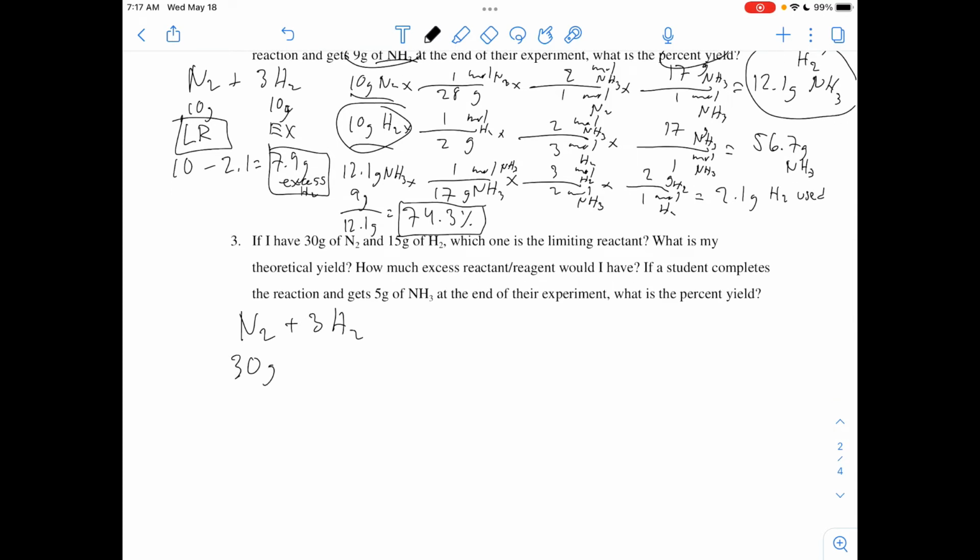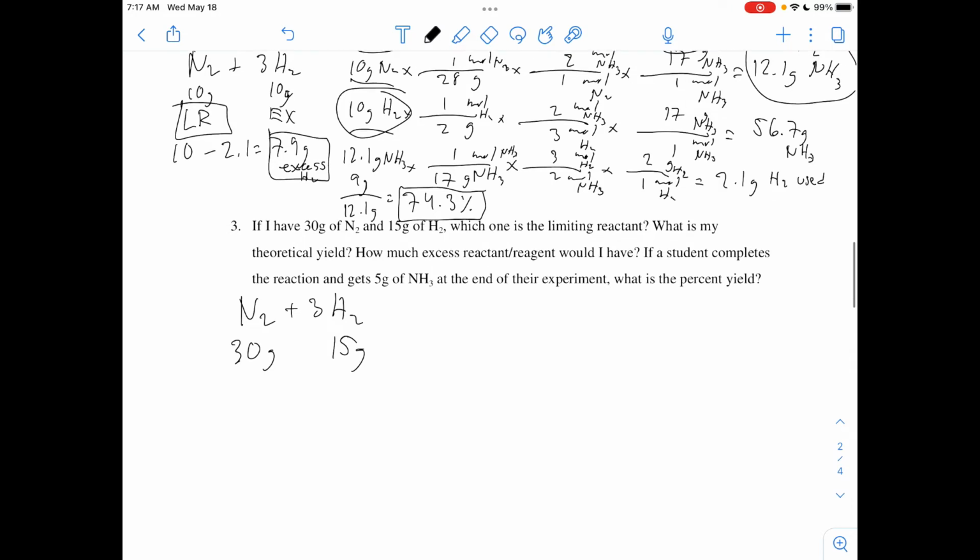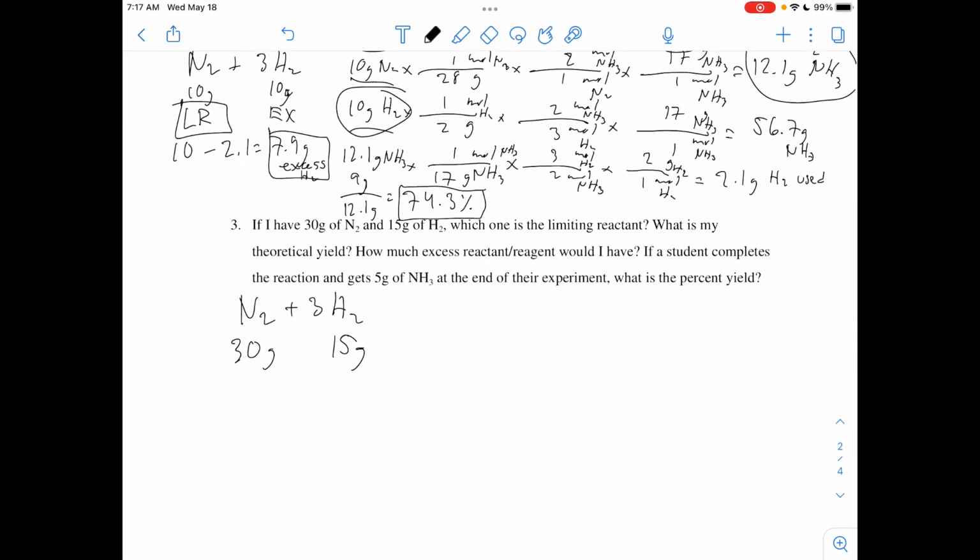Except this time I have 30 grams of N2 and 15 grams of H2. Again, which one is going to be my limiting reactant? So I'm going to do 30 grams of N2, moles of N2, moles of NH3, grams of NH3.